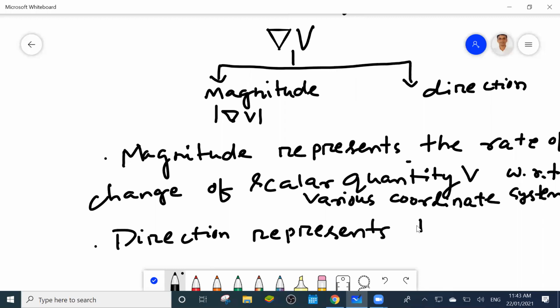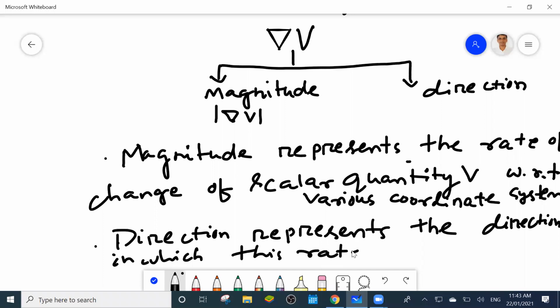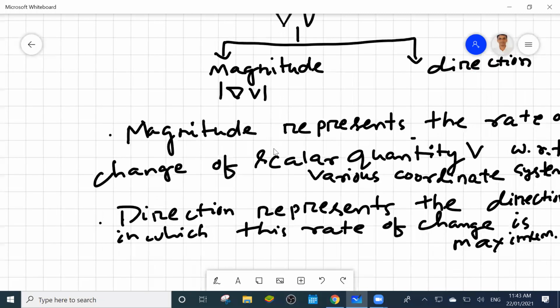The direction represents the direction in which this rate of change is maximum. This, the direction and magnitude, what is described, you have to remember.